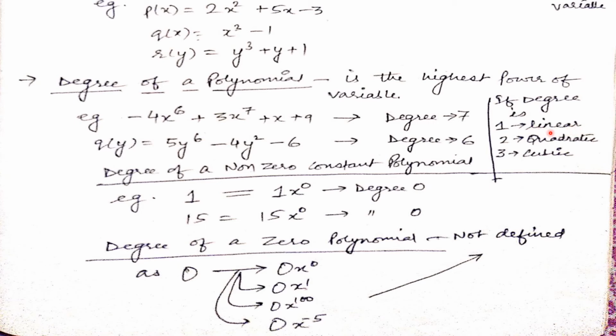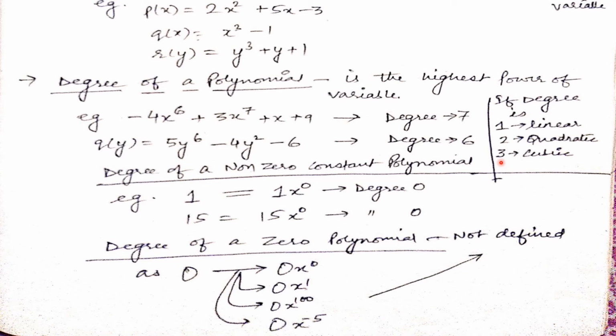Yes. If the degree is 2, for example, x square plus 2x plus 3, x square plus 5x plus 6, these types of equations are known as quadratic equations. Okay. And third, when the degree is 3, like x cube plus 2x square plus 3x plus 5.